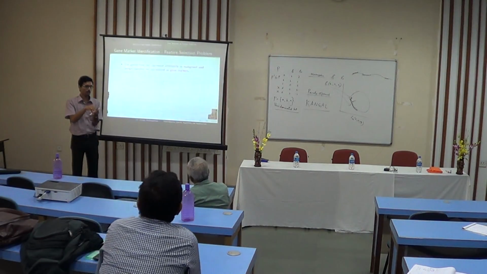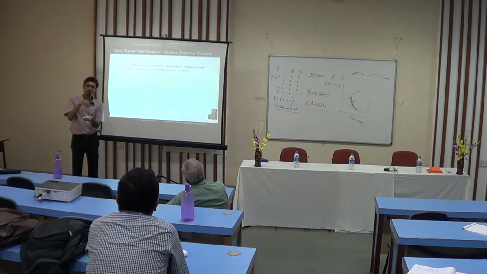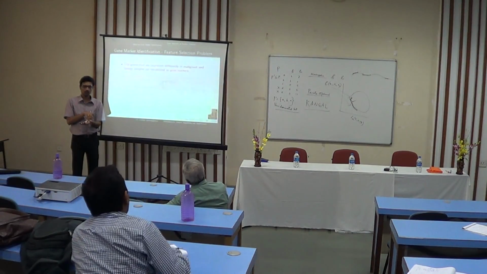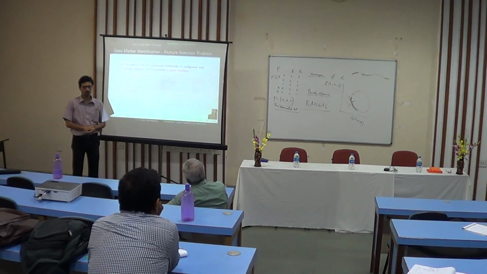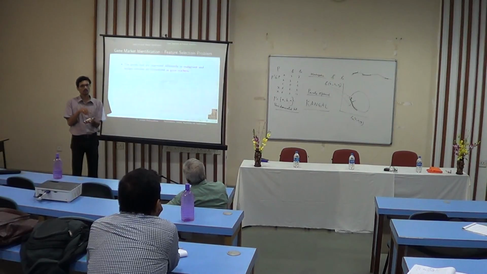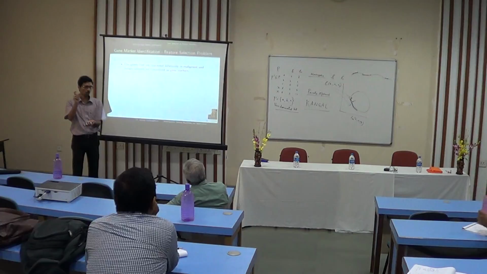For example, some gene may have very low expression in normal samples, but has high expression in the cancer samples. So these genes are called oncogenes. Oncogenes means onco from oncology.